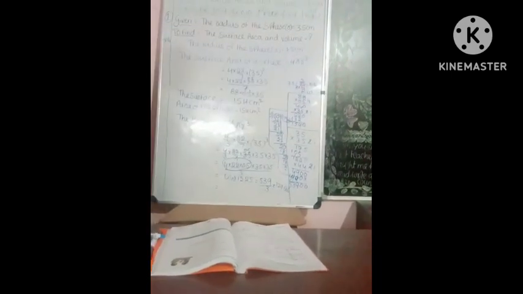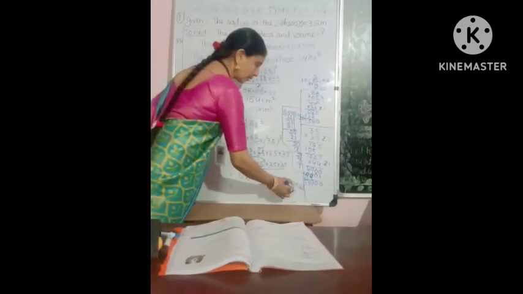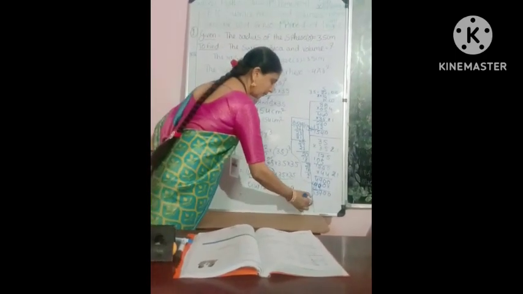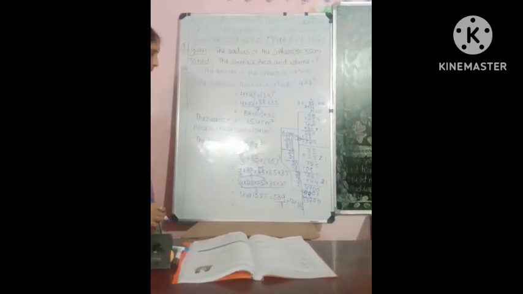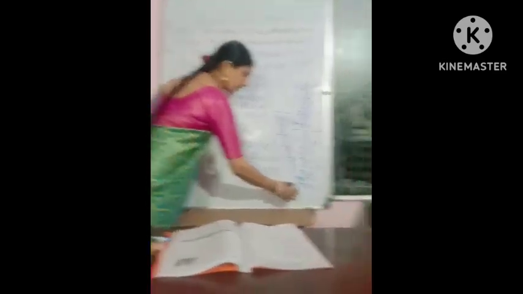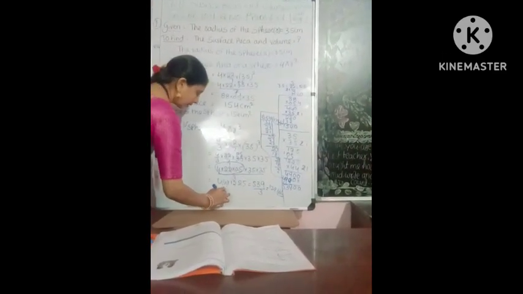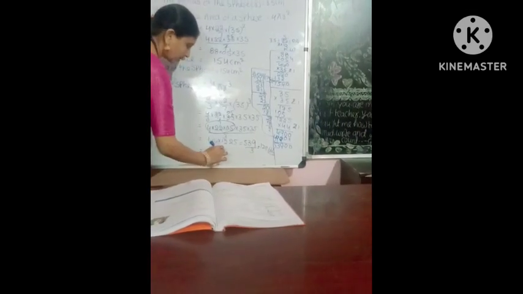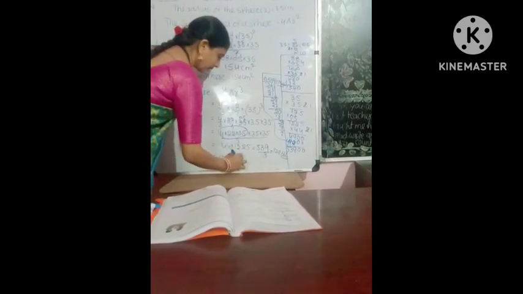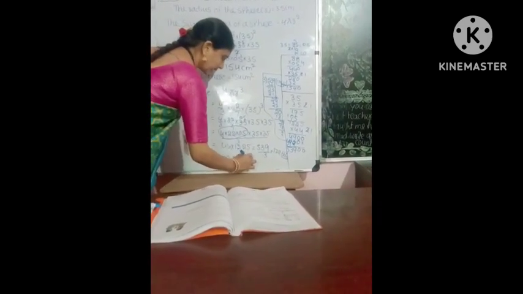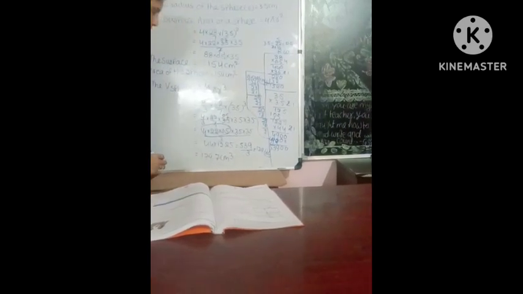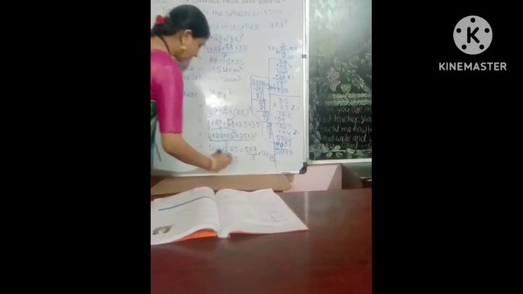Okay, approximately, after the decimal point the same number is continuous only. So 66, and approximately we take 7. Approximately take the value as 7. So the volume of the sphere is nothing but in centimeter cube. Okay, this is the final answer.